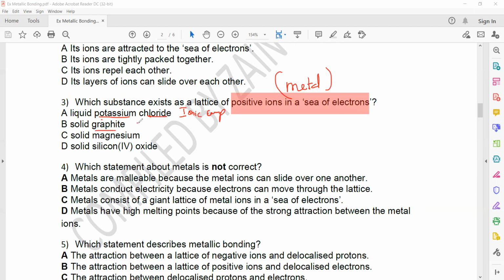Solid graphite is a giant covalent. When you check the periodic table, magnesium is a metal, and silicon dioxide is also a giant covalent. So which substance has positive ions in a sea of electrons, or a metallic structure? That is option C, solid magnesium. Is it clear? So we just have to identify the metal from the options.